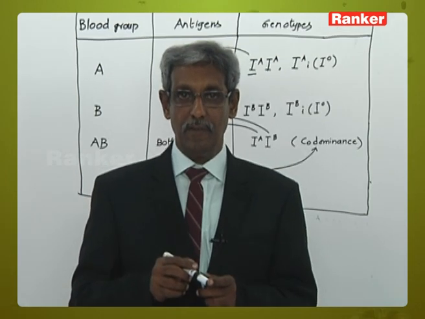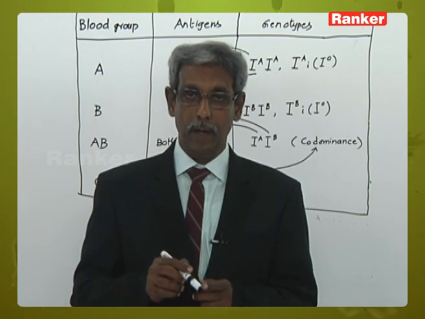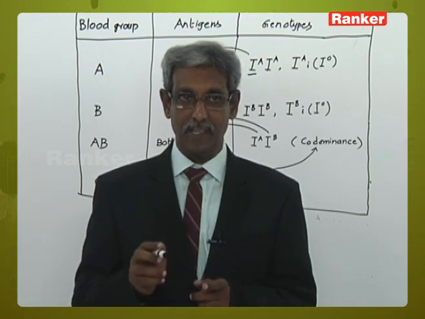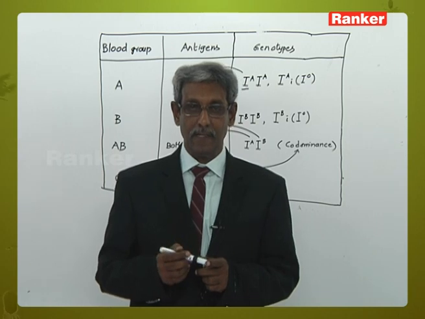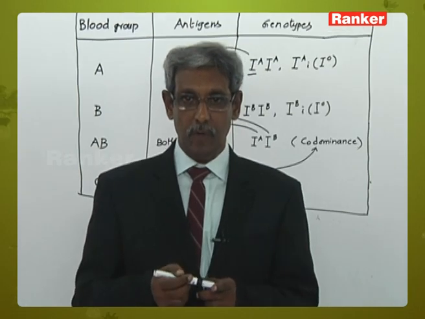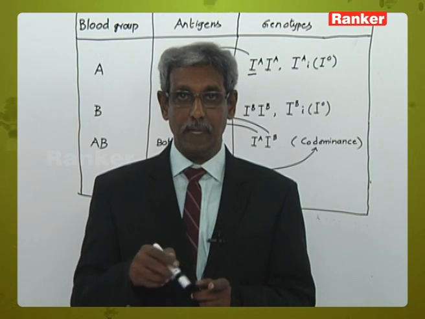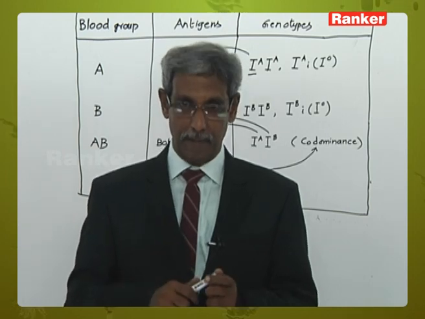So we have a combination of IA, IB and small i from the paternal side, and again from the maternal side we have the same combinations. So we understand there are 9 possible types of combinations, as you see in this chart.